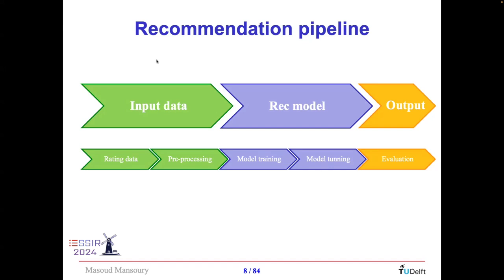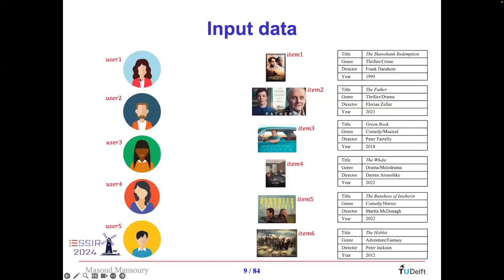Given the input, we have a recommendation model, and we have the output. I will briefly show you the basic forms of input data and output for the recommender system, the ones mostly used in the literature, and I will mainly focus on the recommendation models. Regarding the input data, in a very simple setting we have users and items.